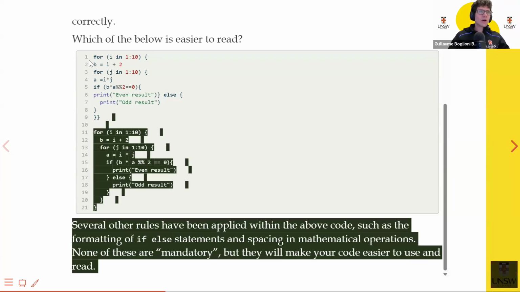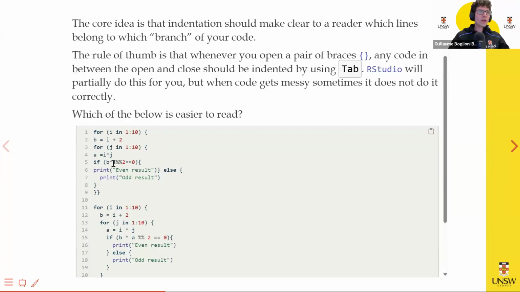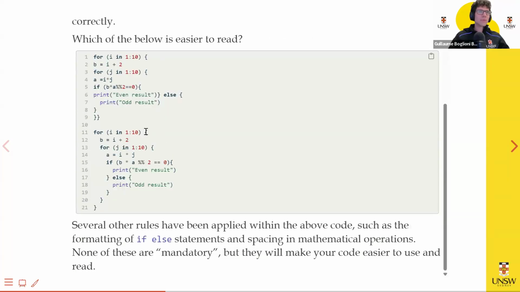So this bit is harder to follow than this bit, right? And again, the tip is here, I'm opening a new branch, so I'm going to start a space more to the right of the first line. And then 4 is fine, but then I open a new branch, I'm going to start it here. Here, I open a new branch, I'm going to start it here with one more space, and so on.